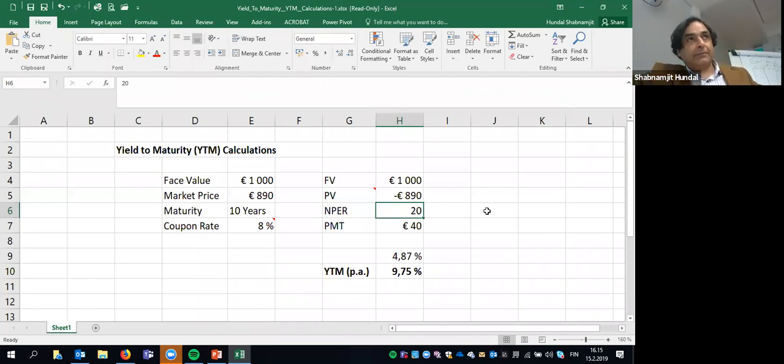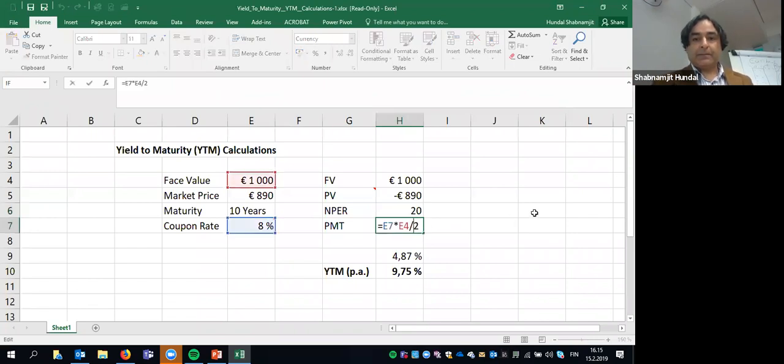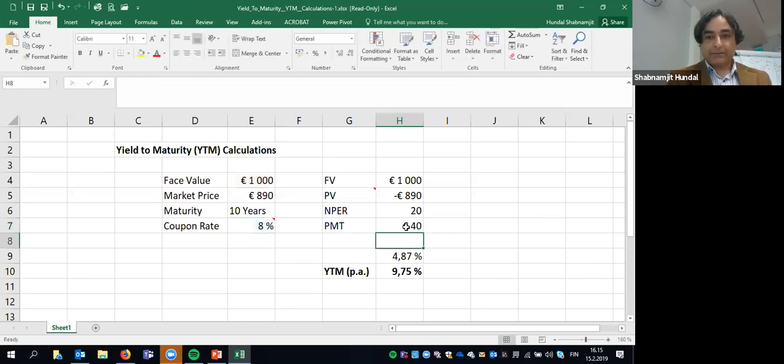So there are 20 periods, and for each period, the interest you get in monetary units will be 40. How? 8% on 1,000 is 80, yeah? But because it's 2 times a year, it will be half of 80, which means 40. Make sense?